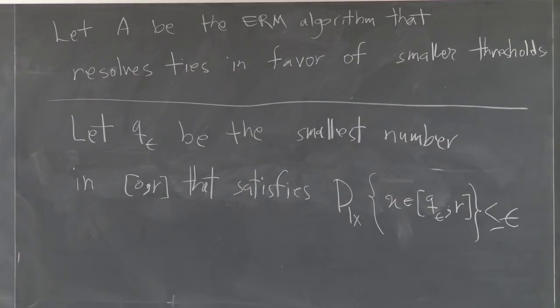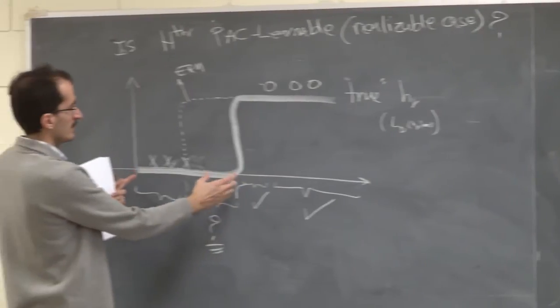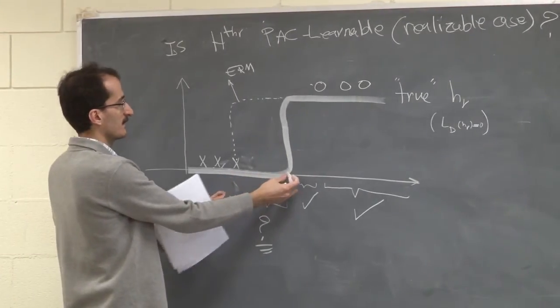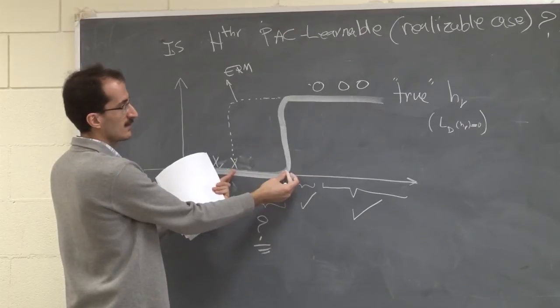The smallest number in 0 and R such that the probability mass from R to that point will be smaller than epsilon.